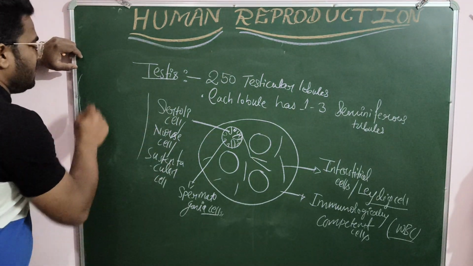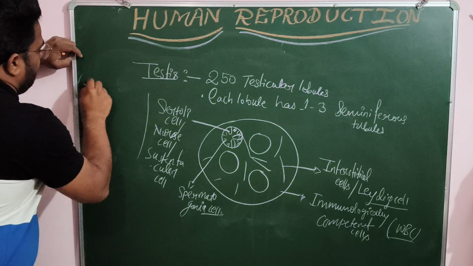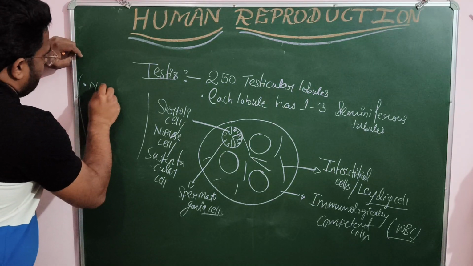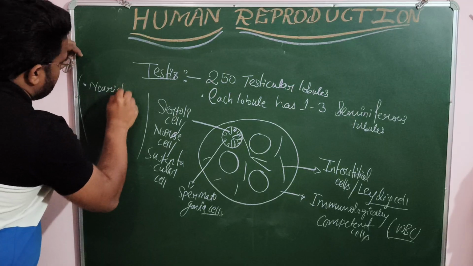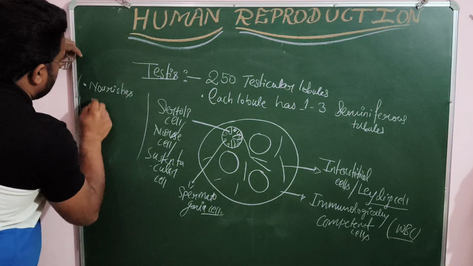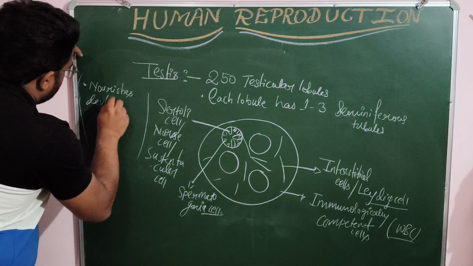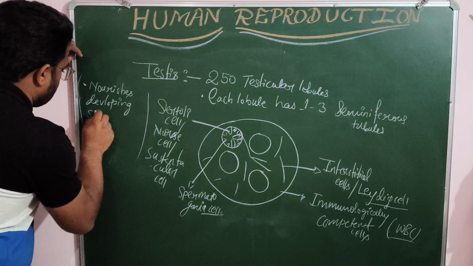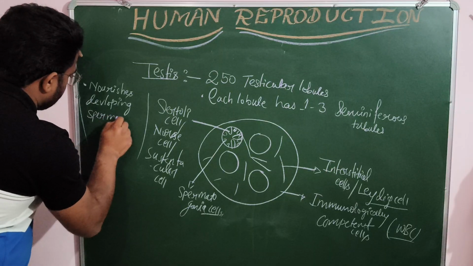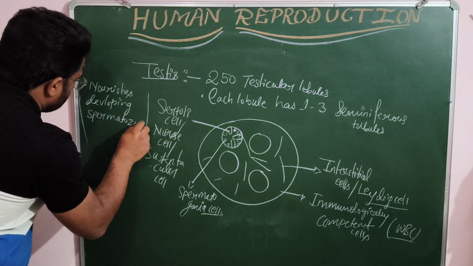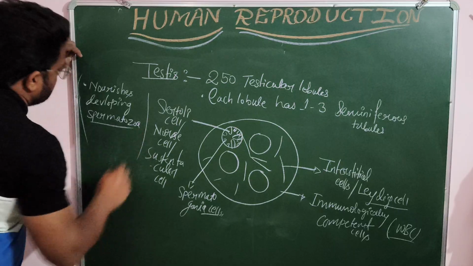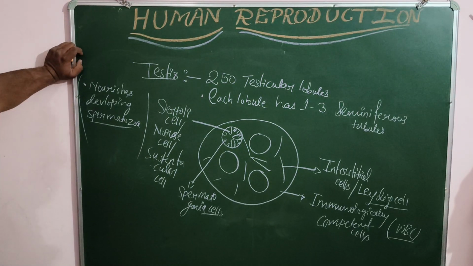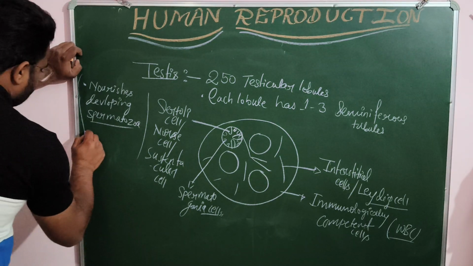These are the cells which provide nourishment, nourishes developing spermatozoa. That's why we are saying this nurse cell. Sertoli cells are also known as nurse cell.